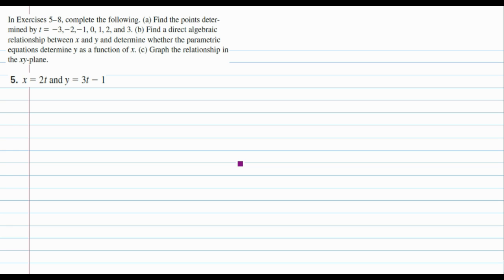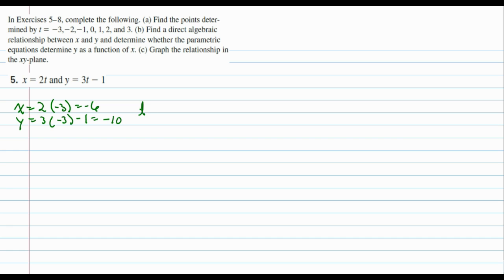The now try problem for example 1 is number 5, and it asks us to do the same thing. Find the points determined by plugging in -3, -2, -1, 0, 1, 2, and 3 into these parametric equations. So I have x equals 2 times the t-value -3, which would be -6. Y equals then 3 times that specific t-value, -3, minus 1, which would be -9 minus 1, so -10.